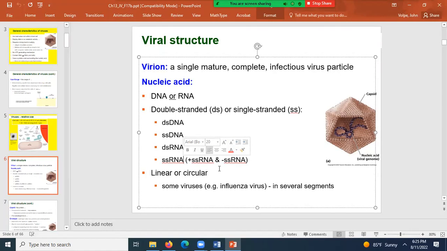The single-strand RNA genome that is a negative single strand cannot be read by the ribosome. It would be the corollary to the positive strand. So instead of having AUG, you'd have UAC. Any question about any of that?